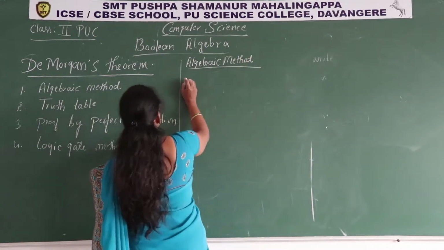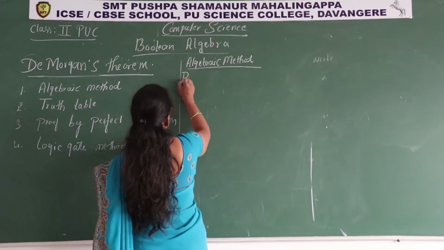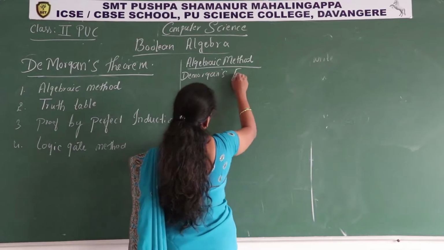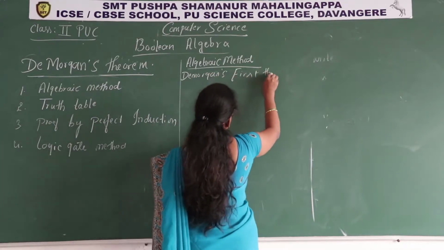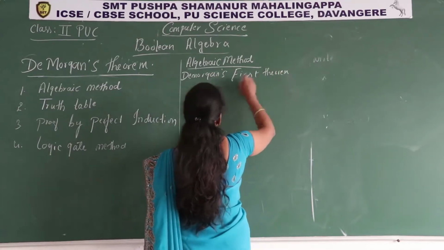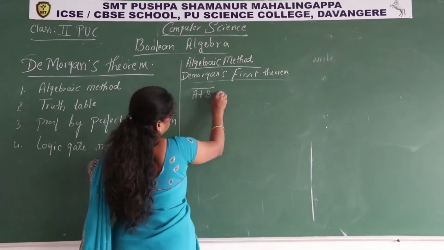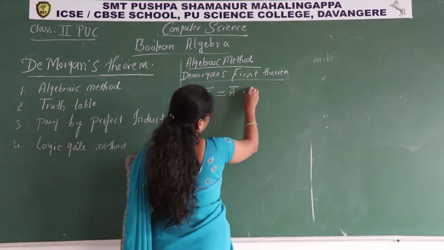So De Morgan's first theorem: A plus B whole bar is equal to A bar dot B bar.